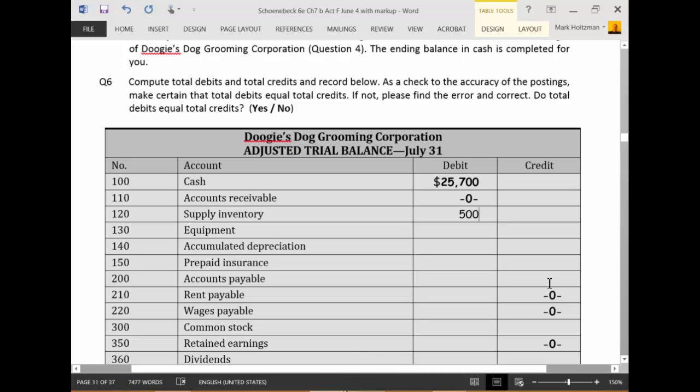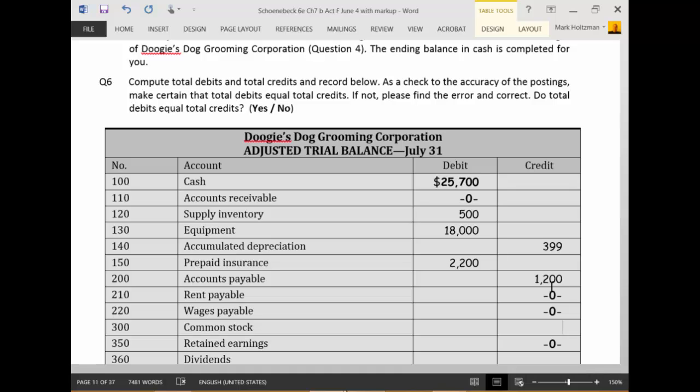All right, so to fill these in, we have equipment of $18,000, and we have accumulated depreciation that we just recorded of $300, prepaid insurance of $2,200, accounts payable is $1,200 because we didn't yet pay for those supplies, 0 rent payable, 0 wages payable.